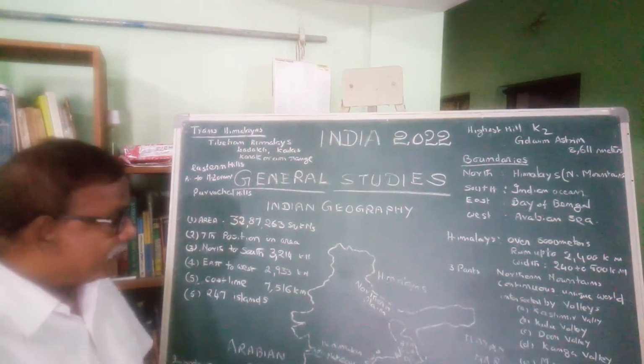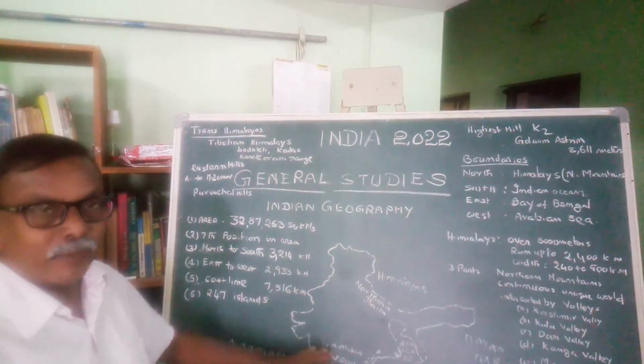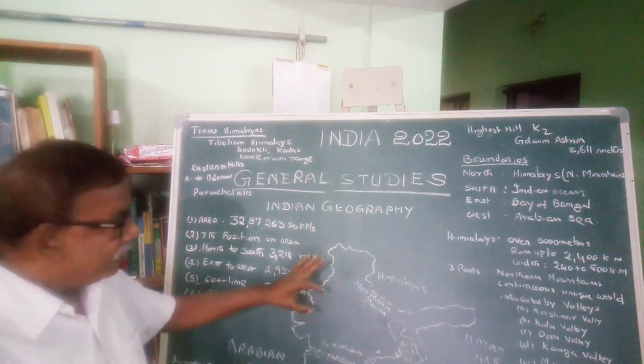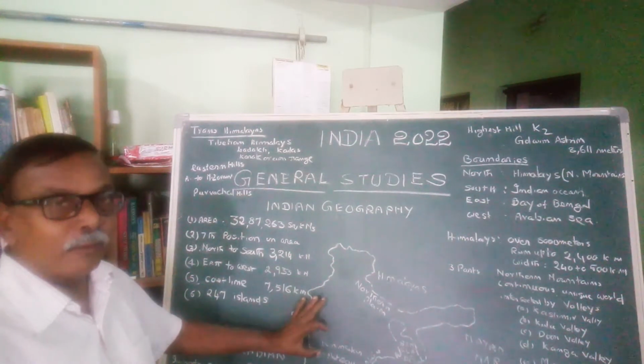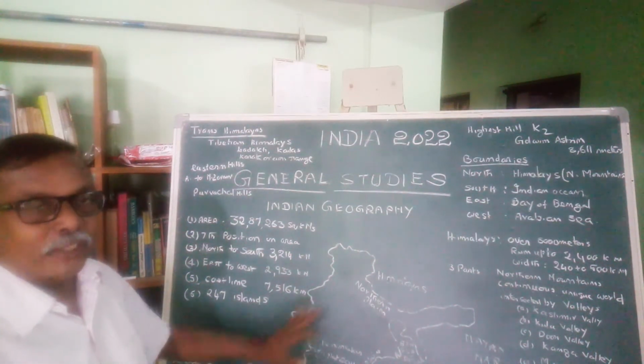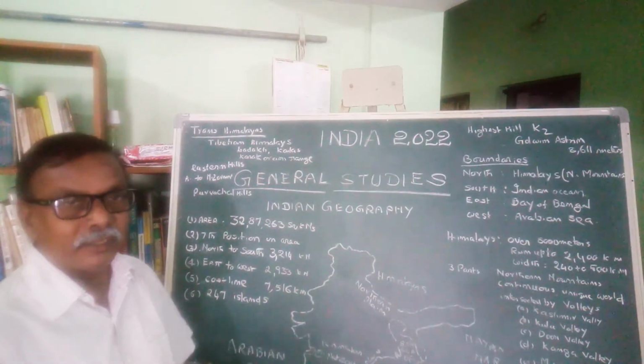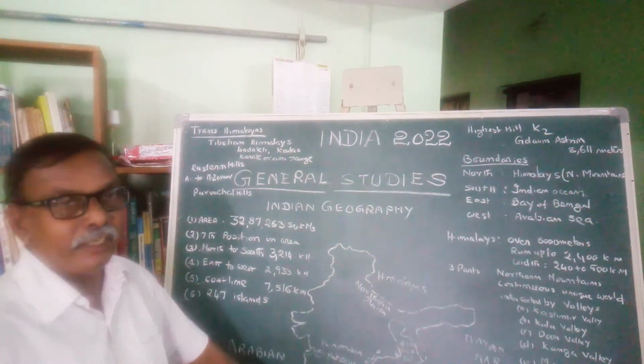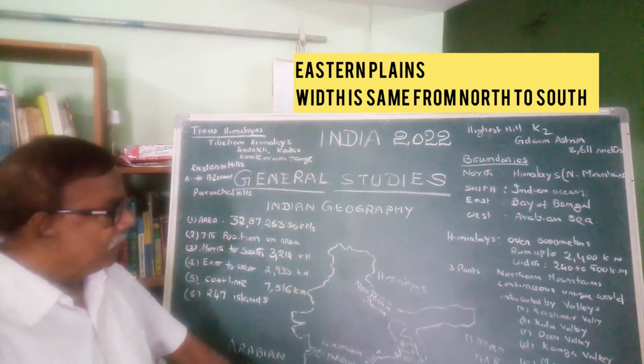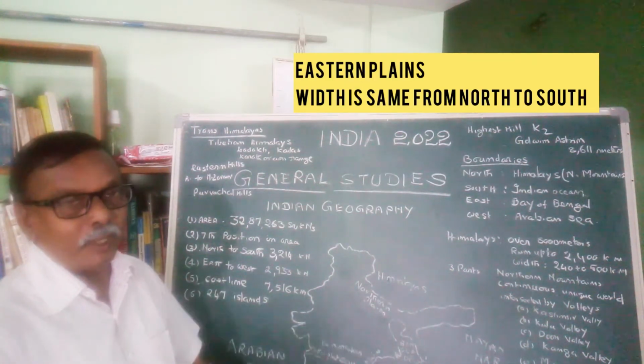A number of rivers flow into this western plain, and in the Western Ghats a number of rivers are also born. Whereas, when we compare to the eastern plains, they are agriculturally very active. It is broader in all the places.